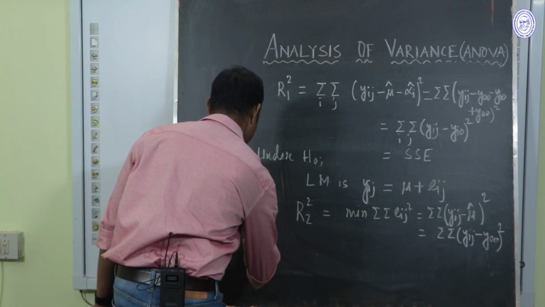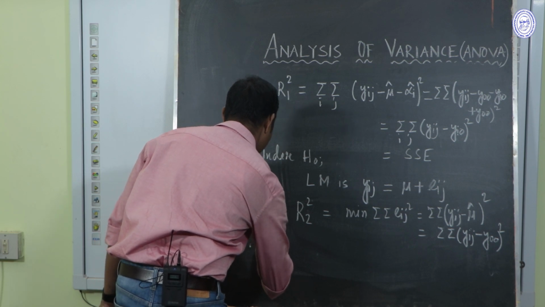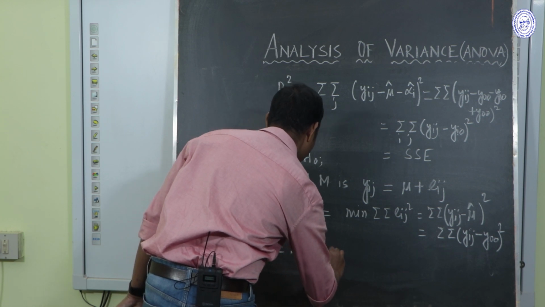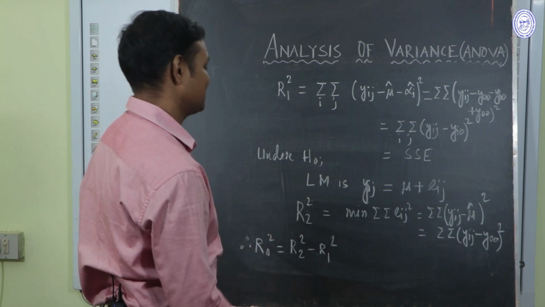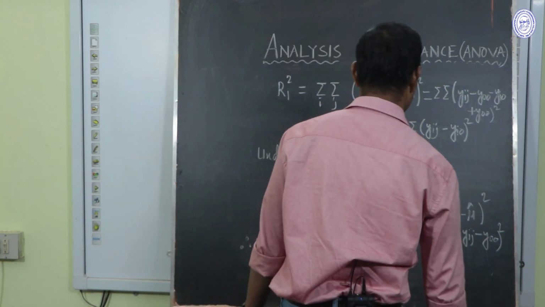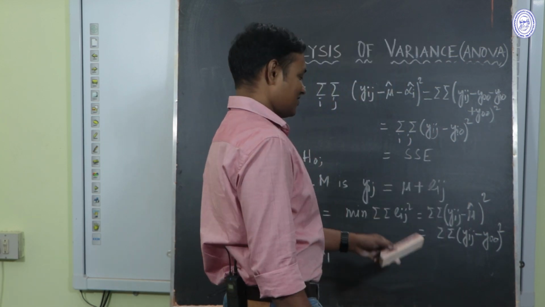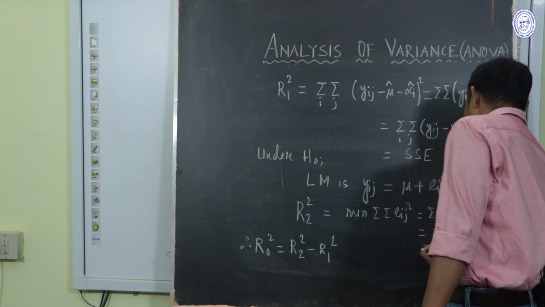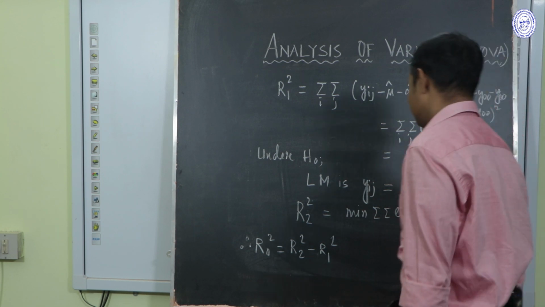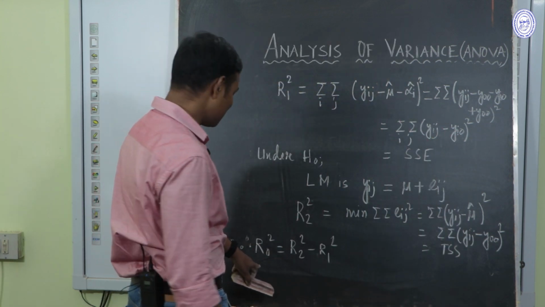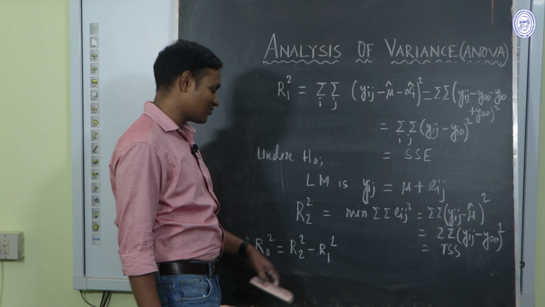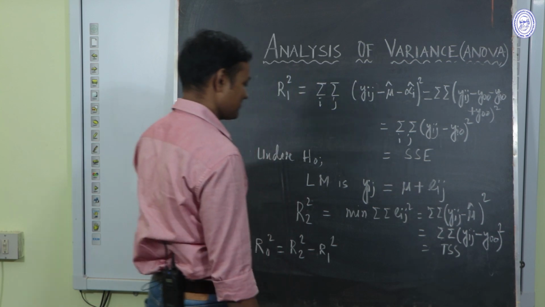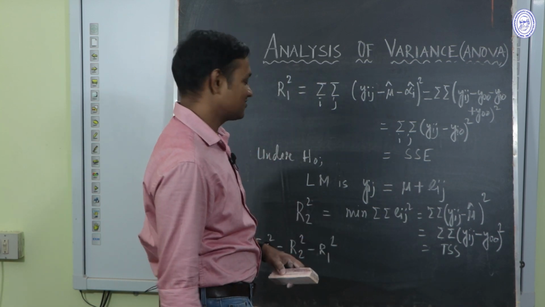Therefore, R0 square equal to R2 square minus R1 square. R2 square equal to double sum y_ij minus y_00 whole square, that is called total sum of squares. Therefore, R0 square equal to R2 square minus R1 square, equal to this minus this. Here all product terms are 0.